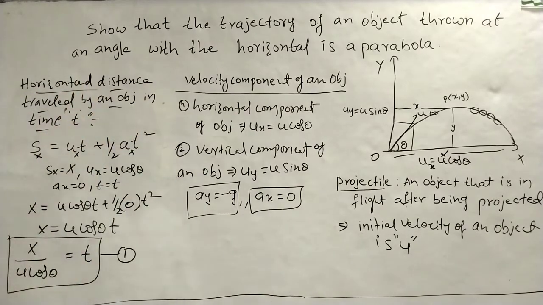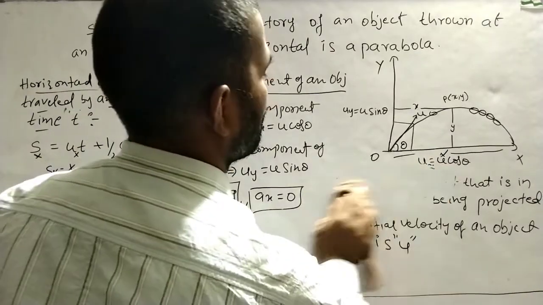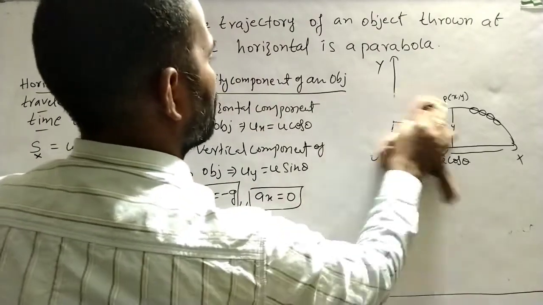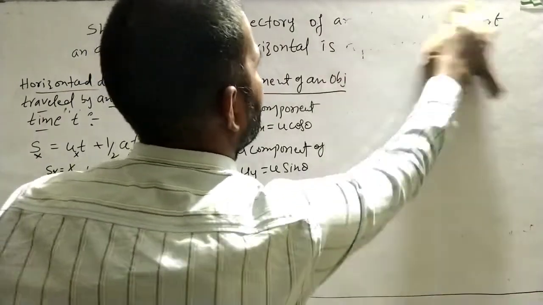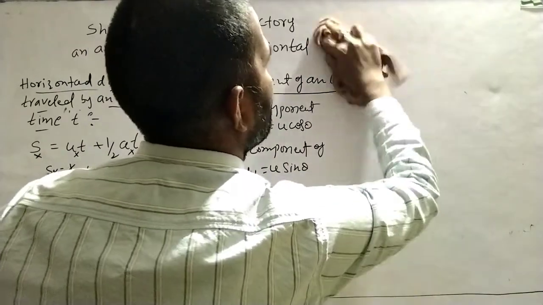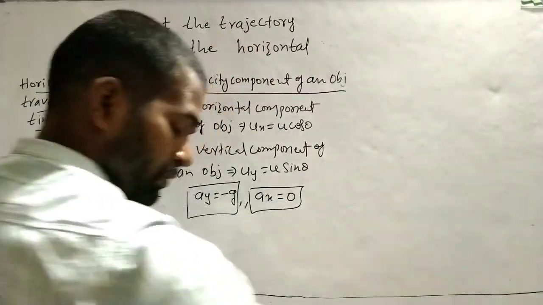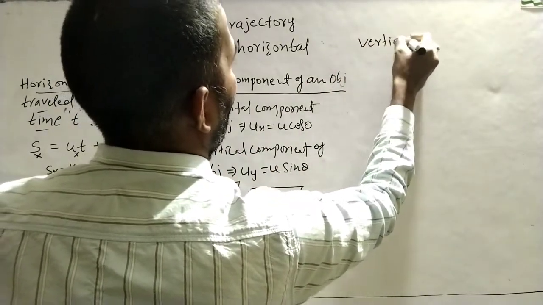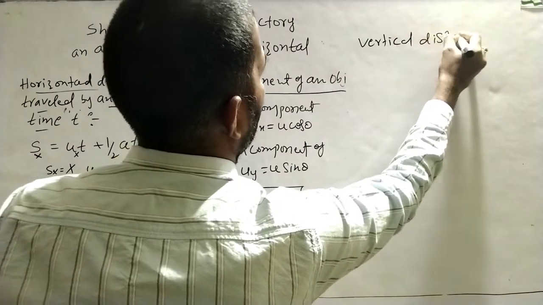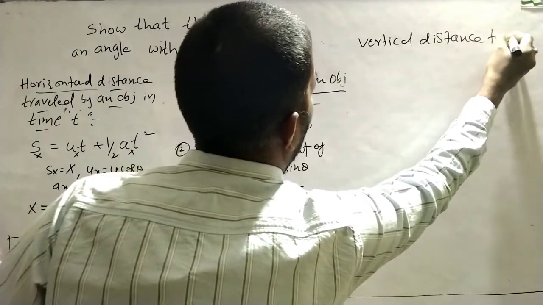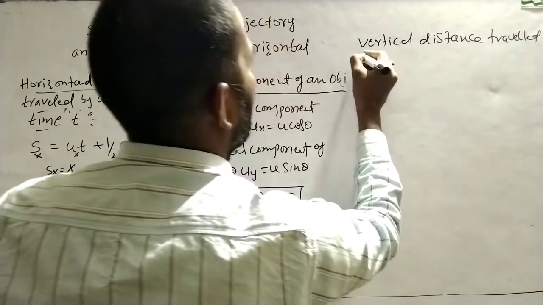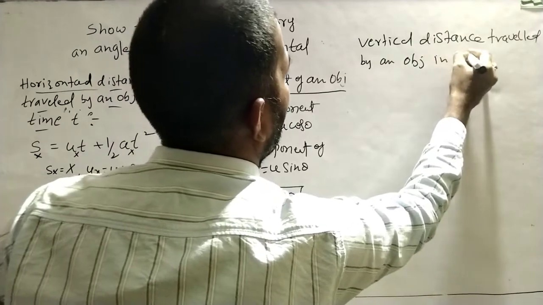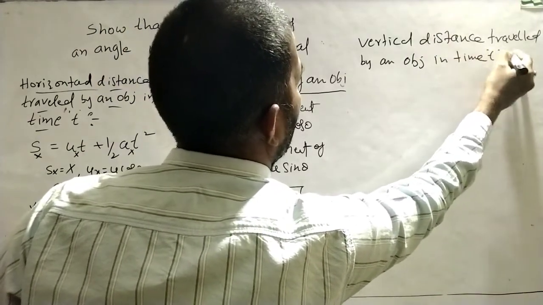Now the vertical distance traveled by an object in time t.